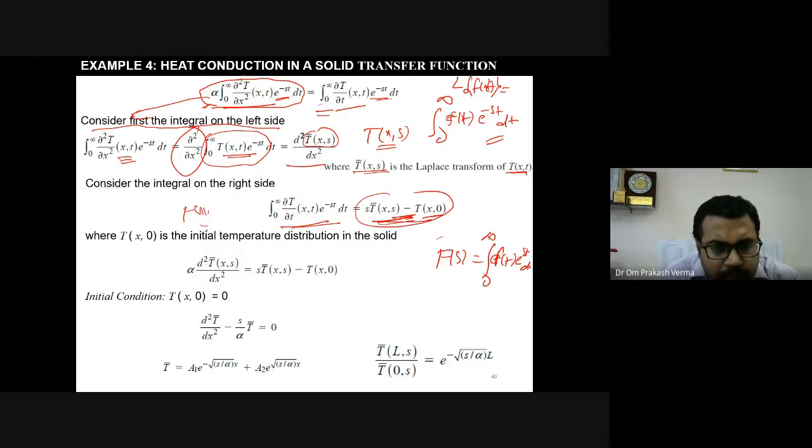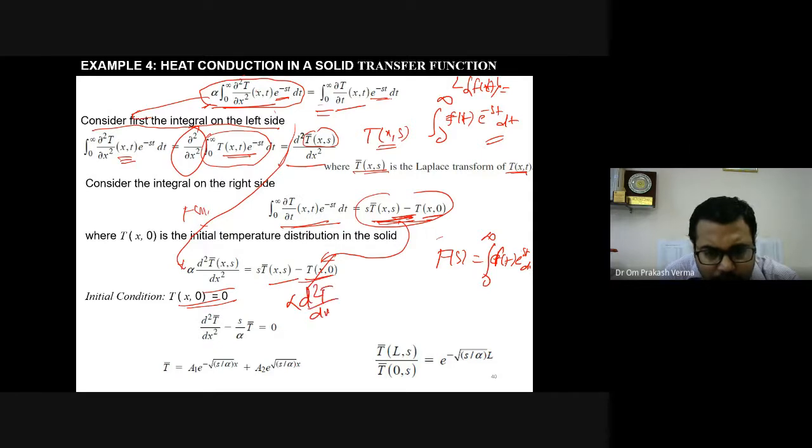Now see, this is the left hand side equation, represented here, and this right hand side is represented here. Left hand equals right hand. The initial condition we have already said, we are considering equal to 0. Then the equation becomes s upon alpha times T bar equals d squared T bar by dx squared. Taking it to this side it becomes minus, equal to 0.